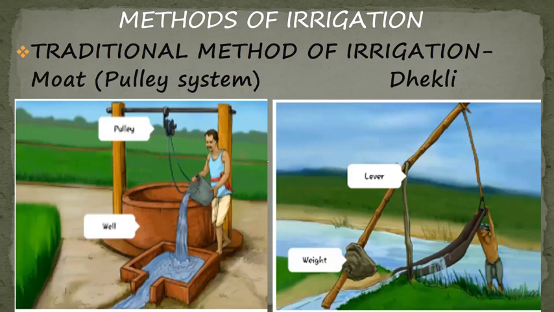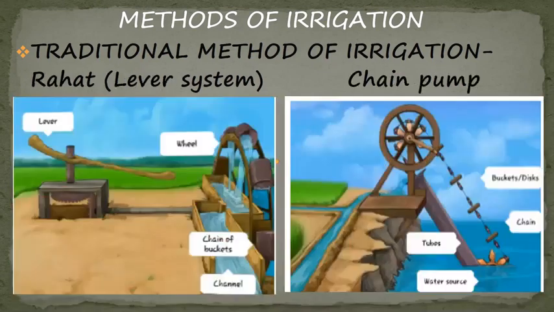What is the moat or pulley system? A pulley system is used to lift water from the well. Dhekli is a very crude system using a log of wood to pull out water from the well. Rahat or lever system is a simple lever system consisting of a wheel attached to a number of buckets.